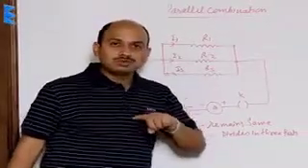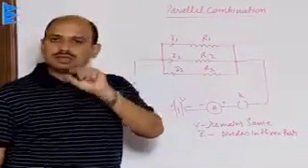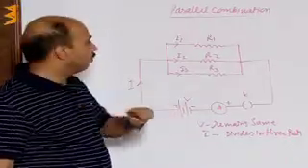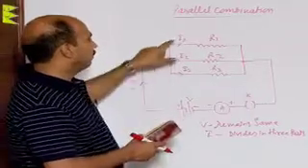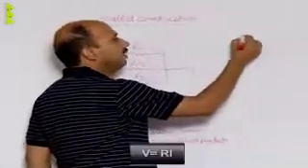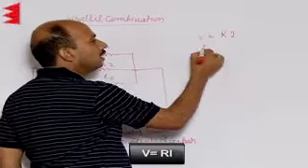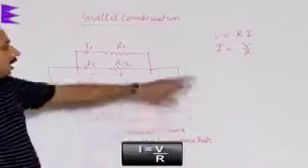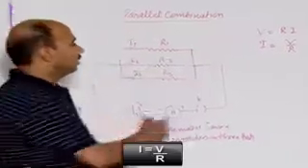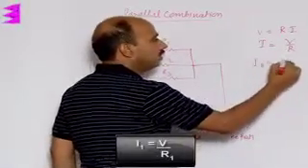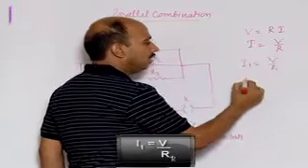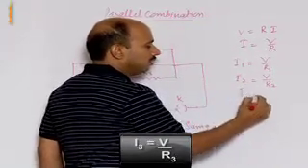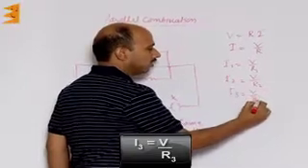As I have told you, we can apply Ohm's law for the single resistor as well as for the combination of resistors. So now we will apply Ohm's law for the first one. We know V is equal to RI, so we can write I is equal to V upon R. According to this, here we can write I1 is equal to V upon R1, I2 is equal to V upon R2 and I3 is equal to V upon R3.